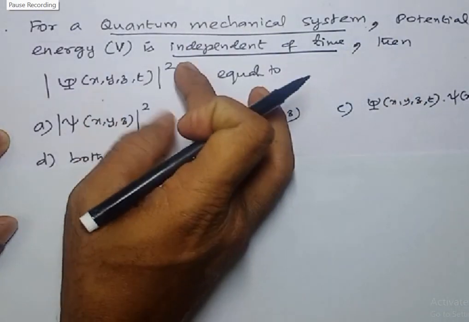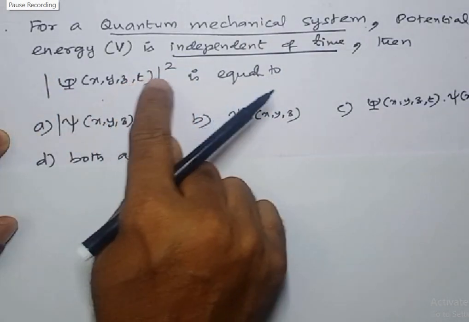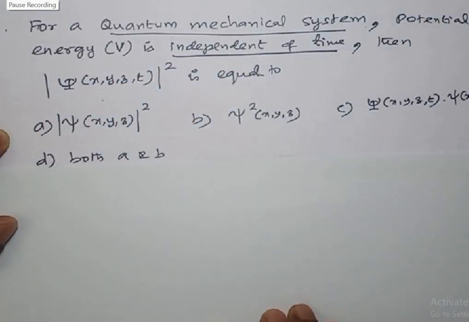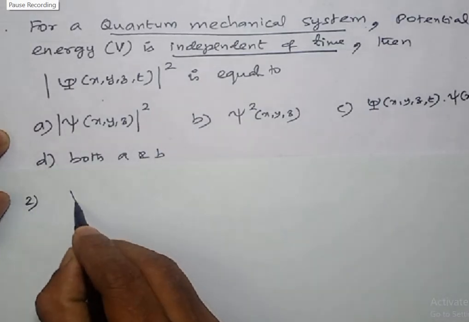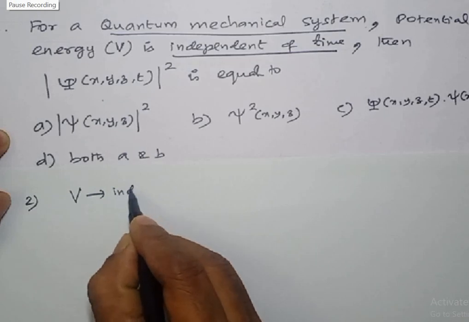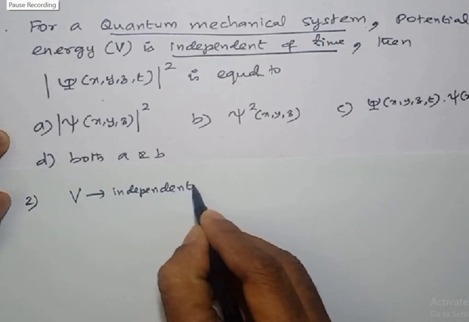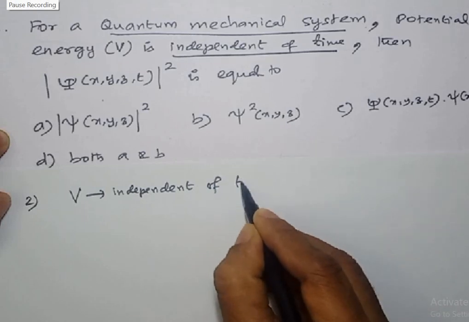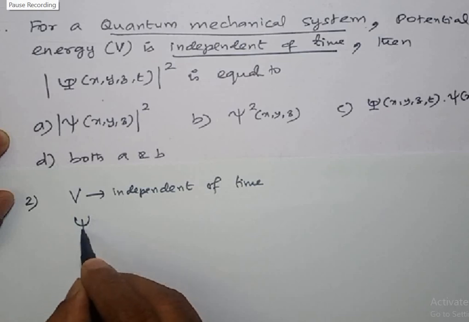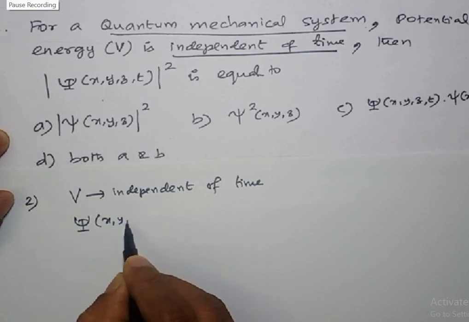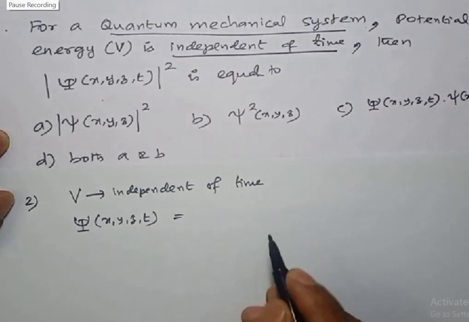Then the square modulus of psi x comma y comma z comma t is equal to what? This is very, very important. Listen. Since potential energy is independent of time, the total wave function psi, which depends on x, y, z as well as time, you can separate into 2 parts.